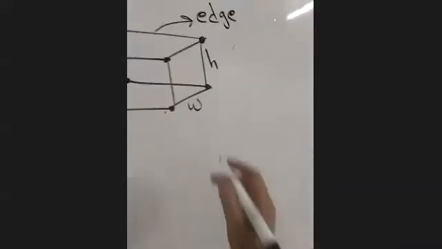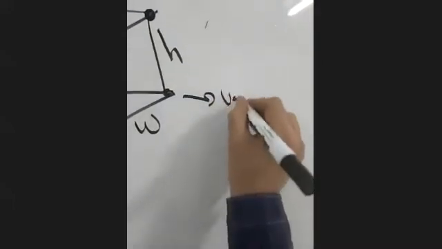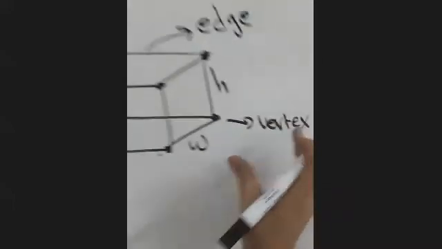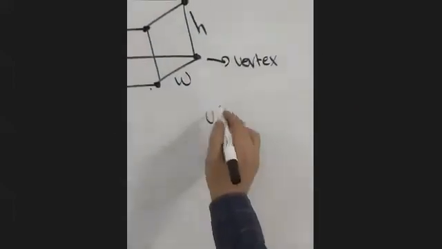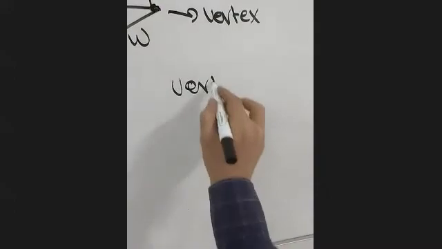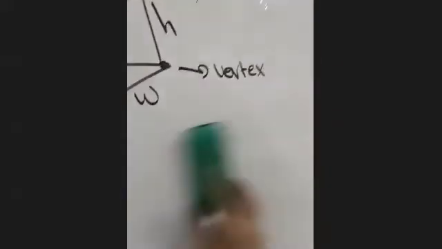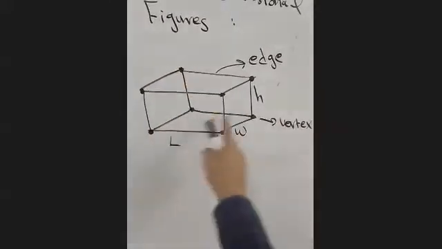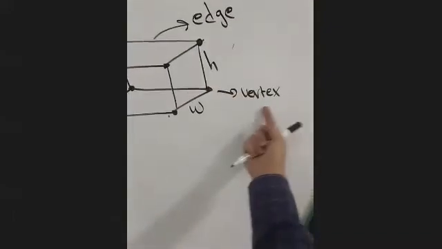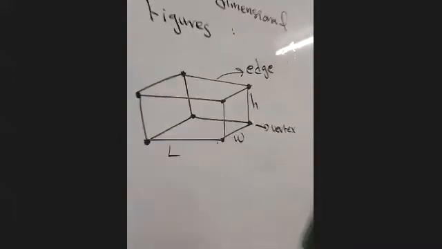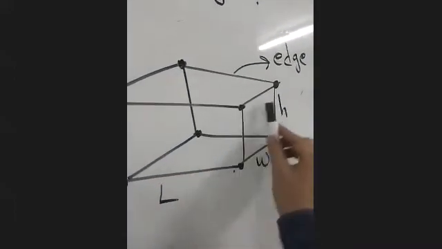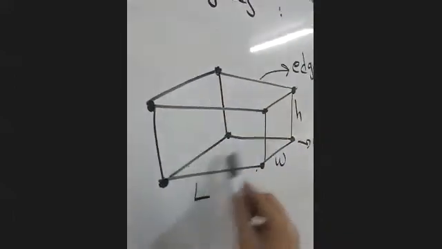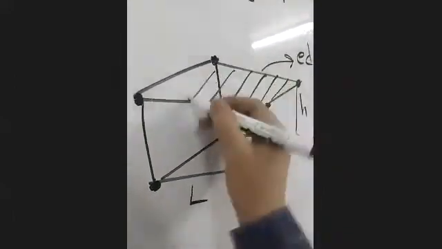The singular one, we call it a vertex, but the plural we call vertices, not vertexes. Vertices means more than one vertex, like man, men. So any line we call an edge, and any point we call a vertex. But this rectangle here, and this rectangle, and this rectangle, we call them faces.